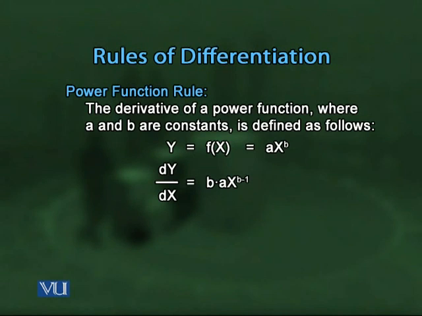In our example, we have a power function y equal to a x raised to the power b, so that dy by dx is a b x raised to the power b minus 1. That is, the multiplicative constant is retained, and we simply multiply by the exponent b, with x raised to the power 1 less than the original power.